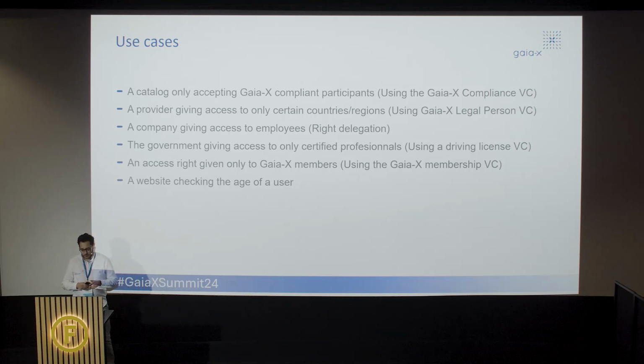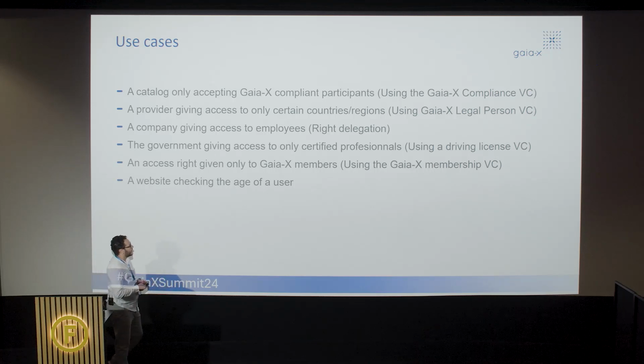Or, for example, a government-issued driver license, like the one we've seen. Or a website that for whatever reason needs to check the age of a user because they're legally bound to. That could be a way to do that without giving any additional personal information.